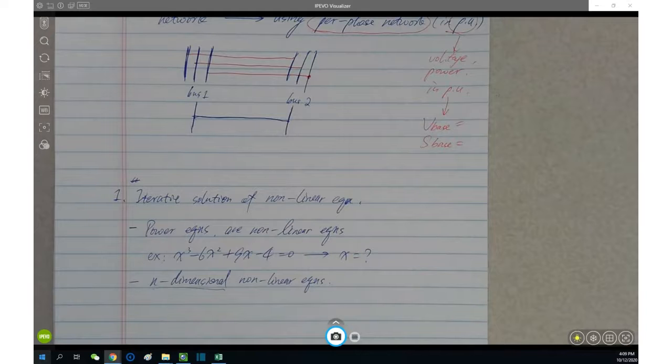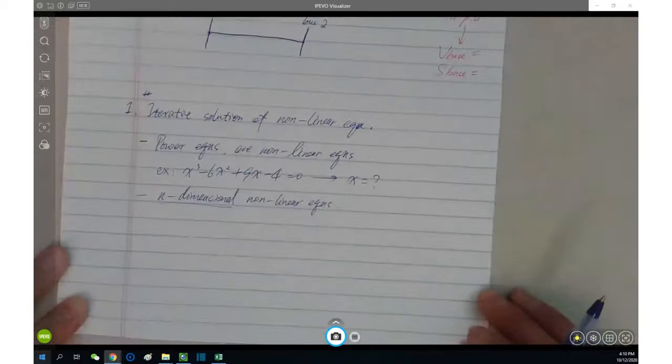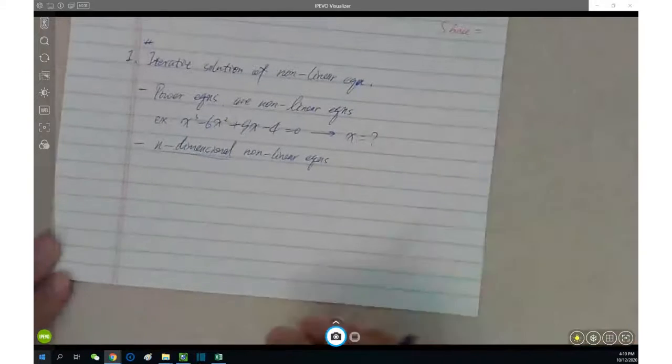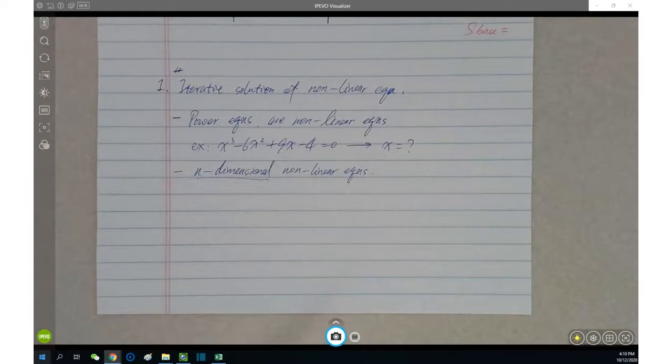But in terms of the equation, what does it look like? How can I tell this is an n-dimensional nonlinear equation? Anyone know, or any guesses? There are multiple potential solutions, not just one, to the equation above.